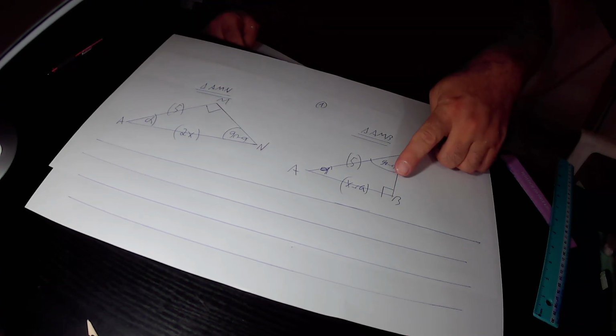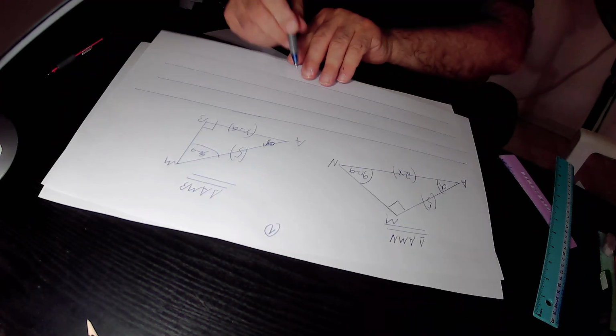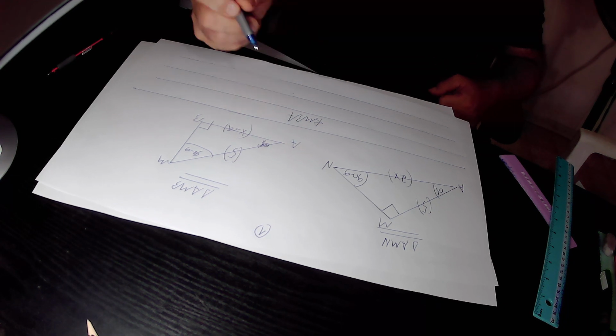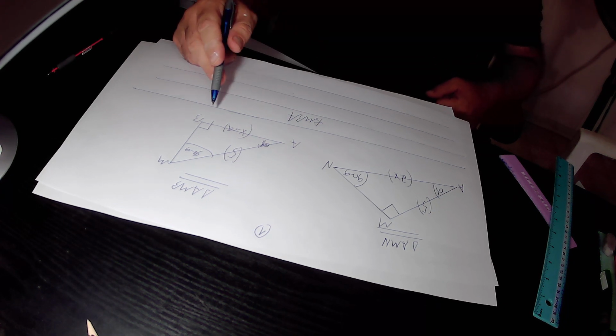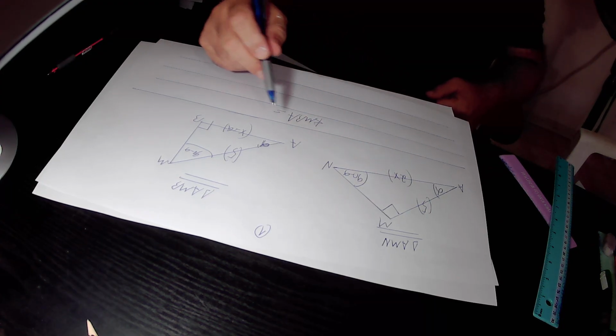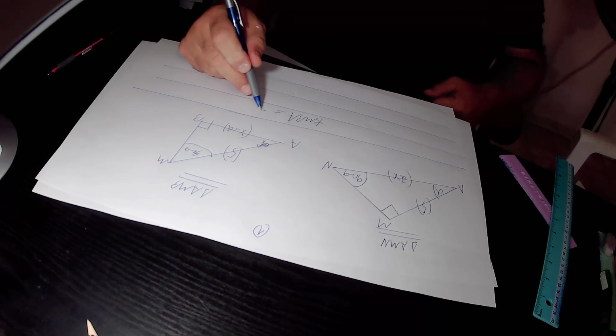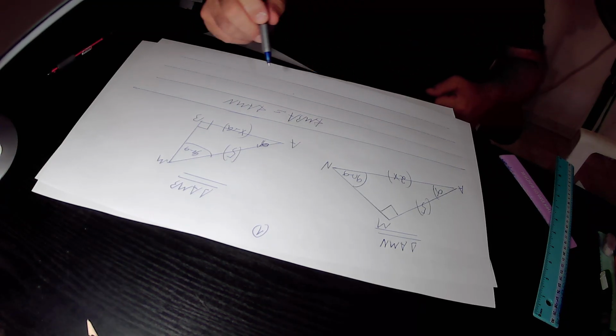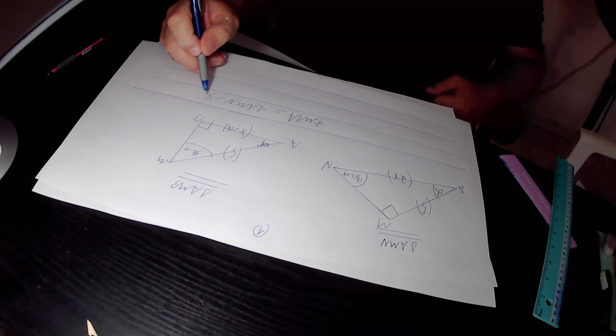This is angle MBA in the right triangle AMB, and it is equal to this angle, angle AMN in the right triangle AMN. They are both equal to 90 degrees, and therefore they are equal to each other.